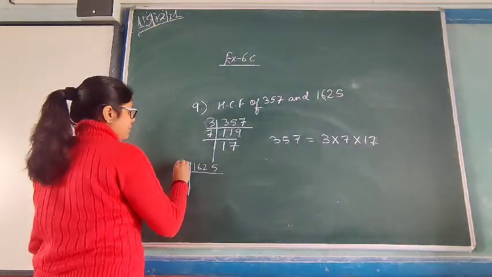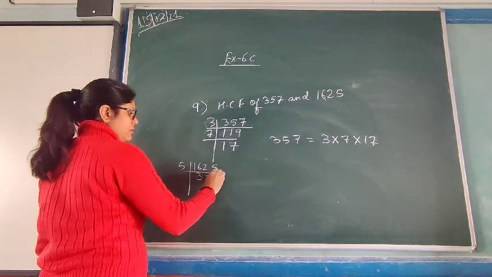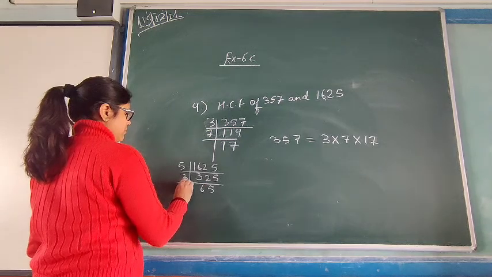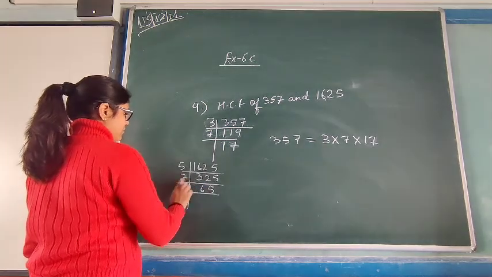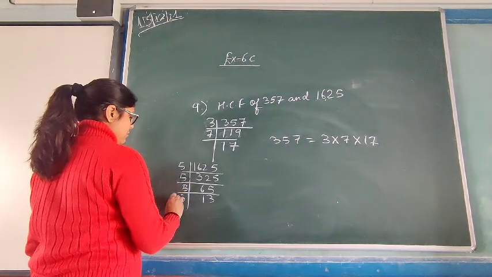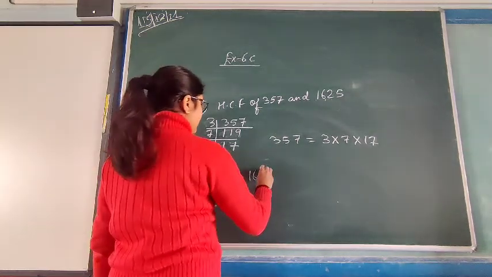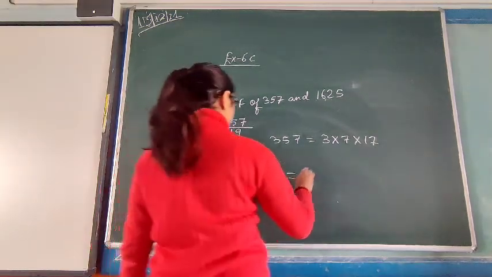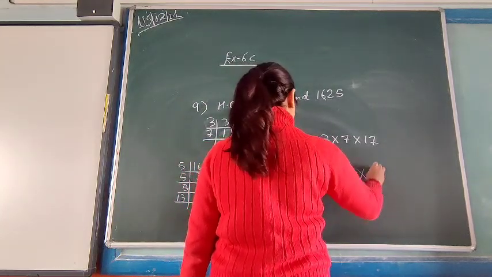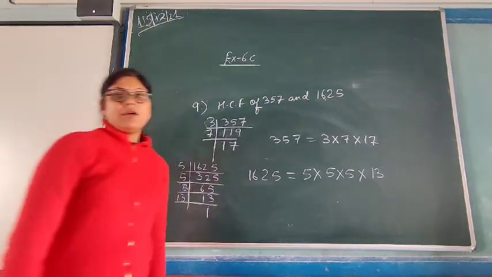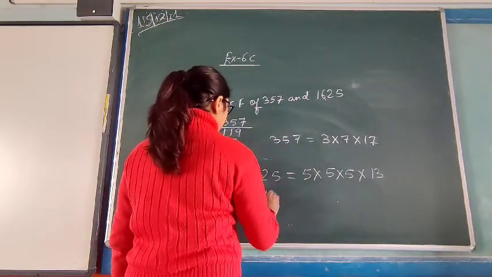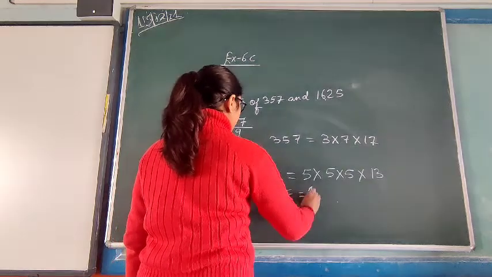Then 5 3s are 15. 1625 is equal to 5 into 5 into 5 into 13. So is any factor common here? No. So the HCF is equal to 1.